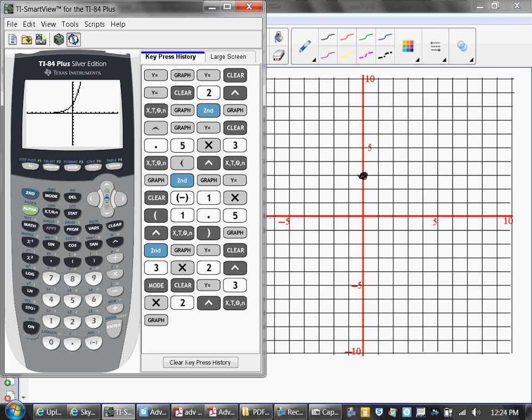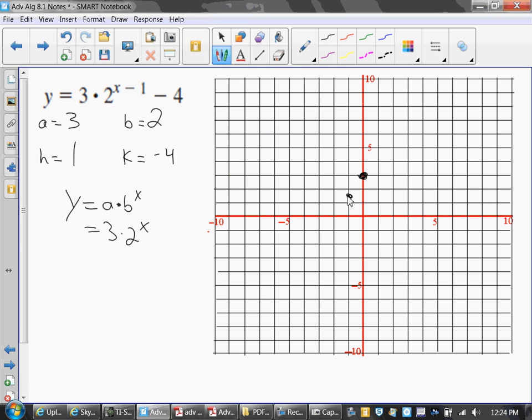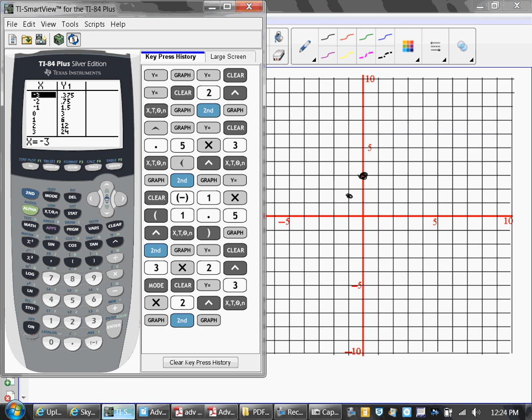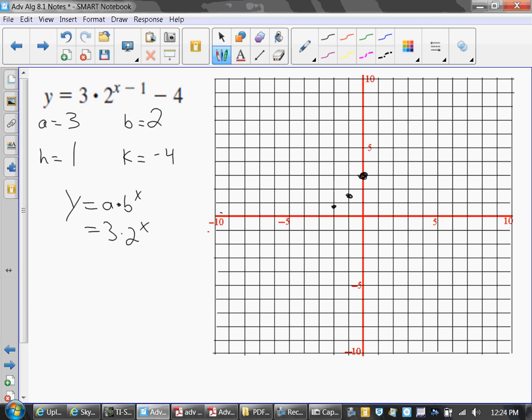So in this case here, Jake, you were asking how many points should I put on here? Now, when I'm looking at this table, I'm just going to pick 1 or 2 on the left and 1 or 2 on the right. So we know that for the parent function, at 0 it's 3, at negative 1 it's 1.5, at negative 2 it's 0.75.